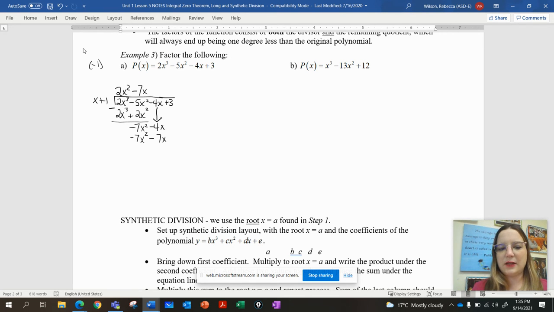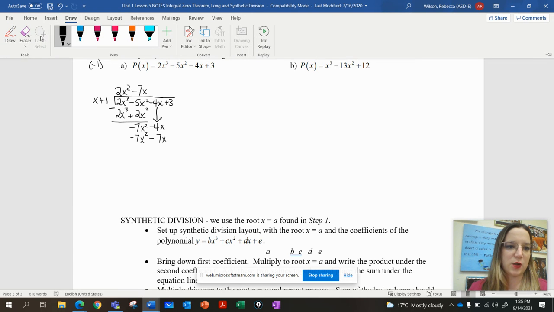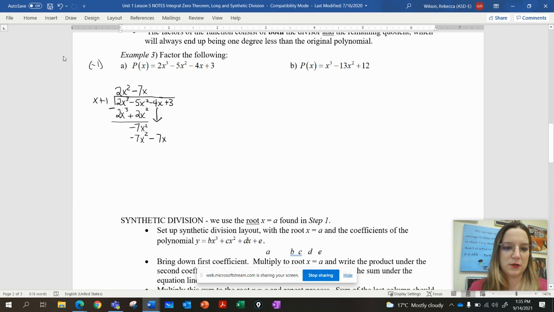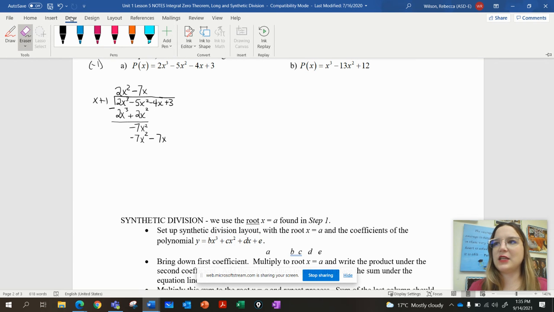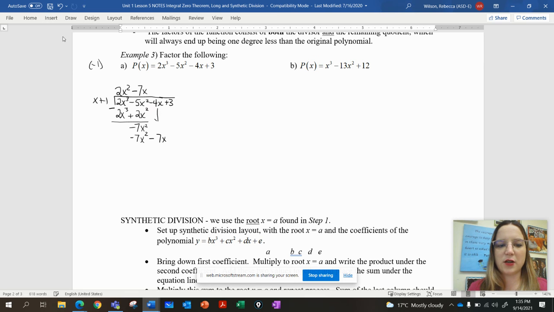Let me erase what I just carried down so you can watch the process. We had this negative 7x on the end. I look up at my original expression and carry down the like term, the x, so I'm going to carry down that negative 4x. And now I'm going to subtract them again.